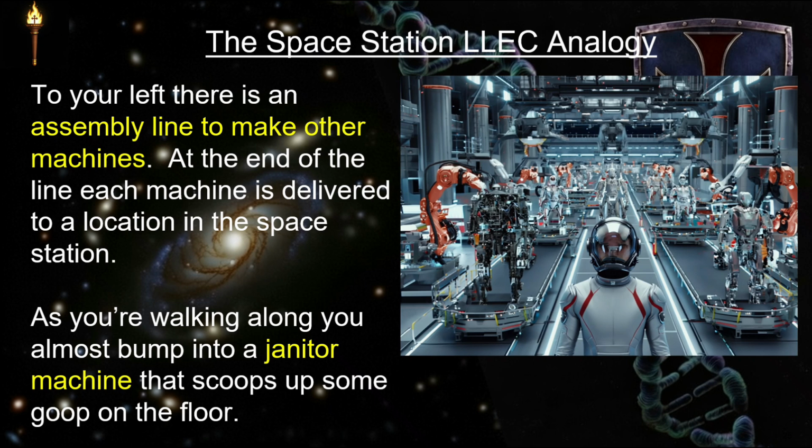At the end of the line, each machine is delivered to location, the space station. As you're walking along, you almost bump into a janitor machine that scoops up some goop on the floor. So this is a whole other level where you have an assembly line of machines that are tailored for each purpose. And of course, when you're building something, you need something to keep it clean, so you have a janitor machine.